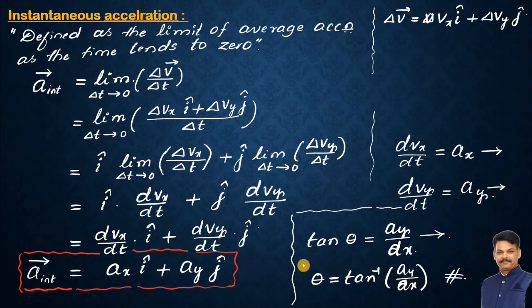So dear students, with the help of this we've discussed all four situations. One is average velocity, second is instantaneous velocity, then we studied average acceleration, then instantaneous acceleration.